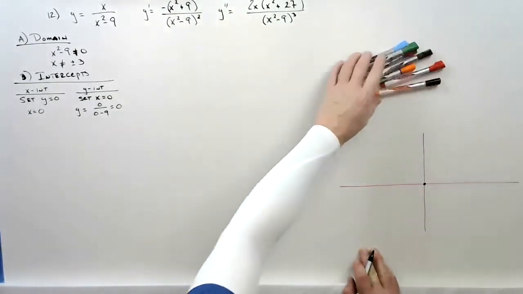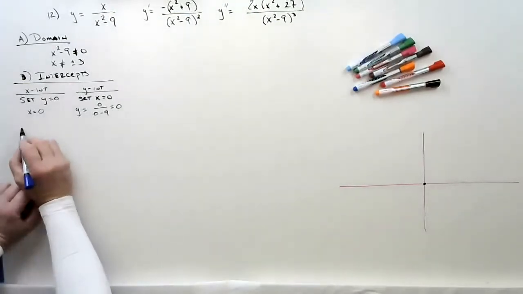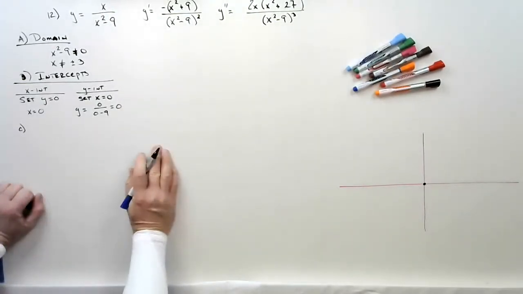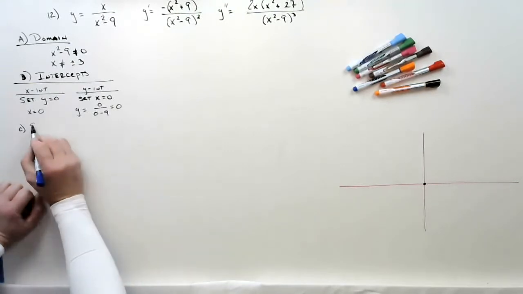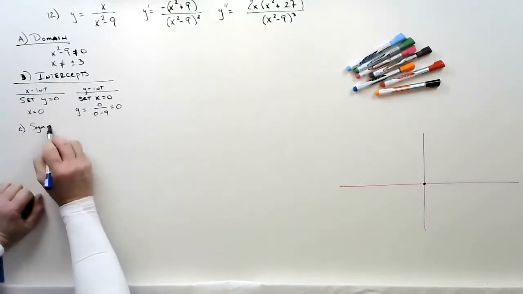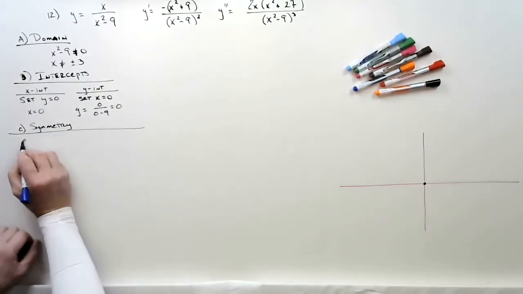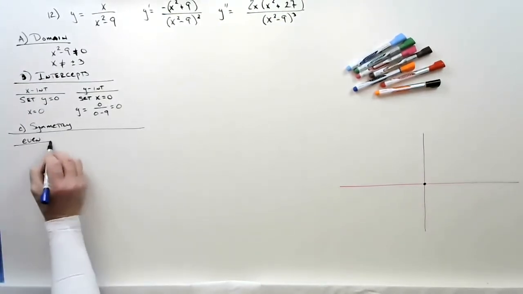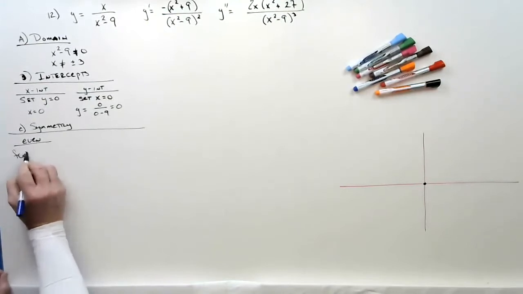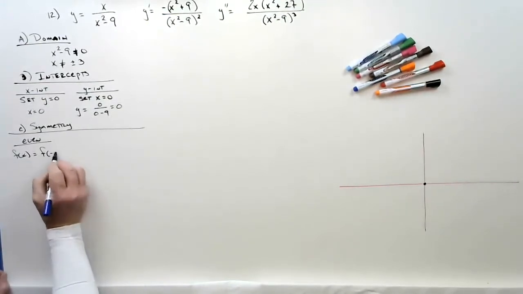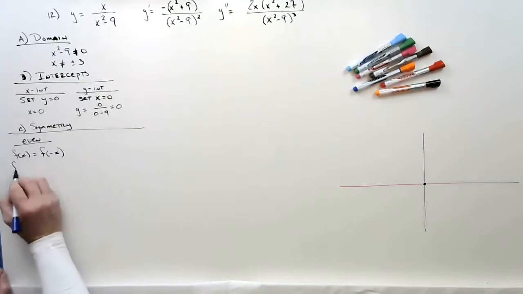Now, from here, part C was symmetry. We begin with even. We say a function is even if f of x equals f of minus x.